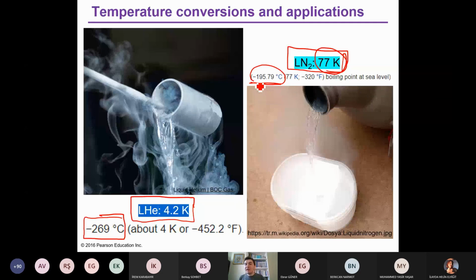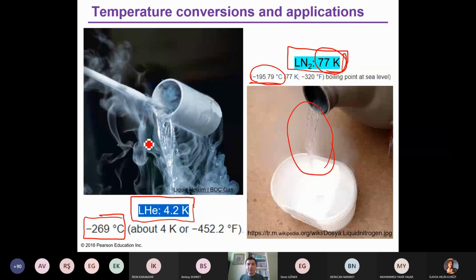And they are very important liquids for health applications and industrial applications. For example, you would like to store vaccines, you would like to store medicines. Then you would like to store some cells for scientific purposes. You can use liquid nitrogen.